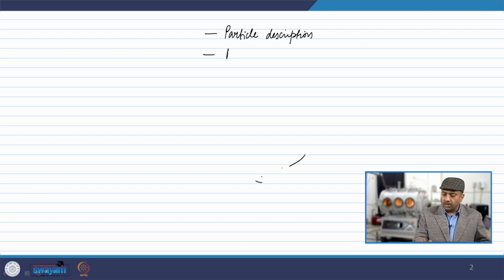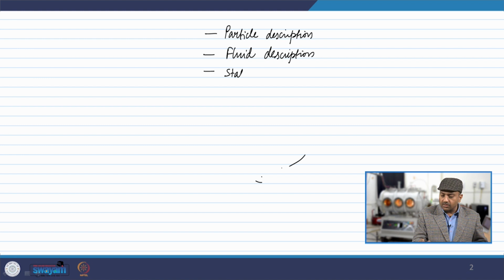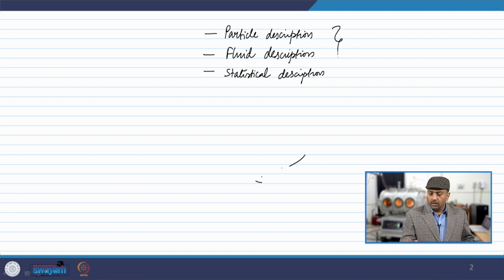We can also treat plasma as a fluid, which we call the fluid description, where we treat the plasma as a conducting fluid. Or we can also use statistical methods to describe the plasma. Now, depending on the situation, we have to make an appropriate choice of this particular description.